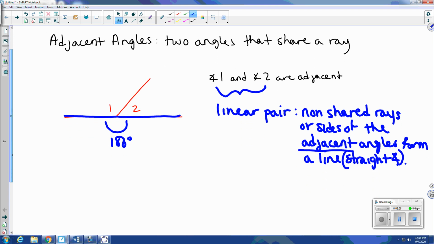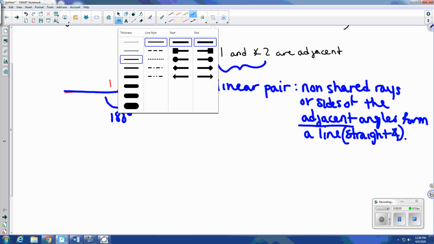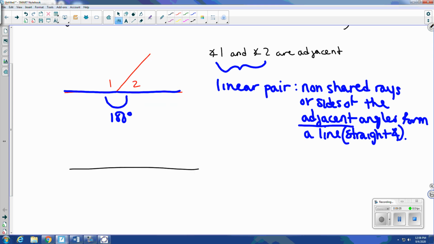So we cannot say that the following is a linear pair. Let's say I am drawing this: even though angles 1 and 3 form a line with these two sides, they don't share a common ray. Therefore, because I can't classify 1 and 3 as adjacent angles to begin with, they don't qualify as a linear pair.